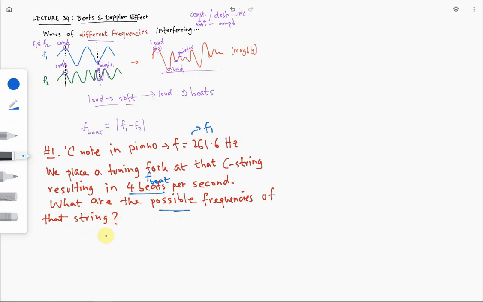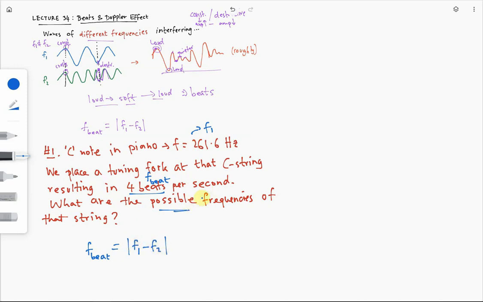Now we learned the relation between the beat frequency and the two waves, or two frequencies, interfering with each other, here the frequency of the tuning fork and the frequency of the C string. The absolute value of f1 minus f2 is the beat frequency. So what is the meaning of this absolute value?